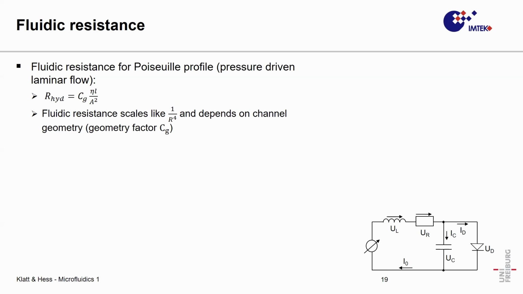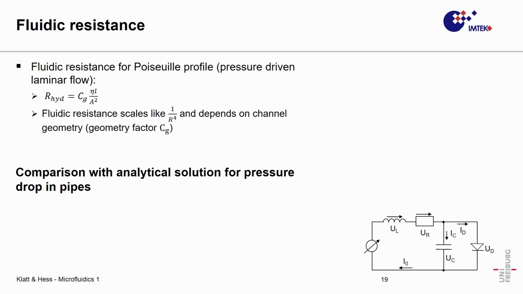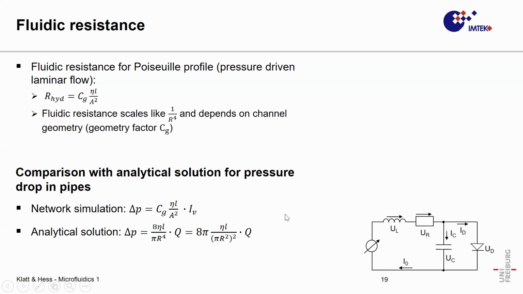And to evaluate the value of this geometry factor, at least for circular channels, we can have a comparison between the analytical solution for pressure drop in pipes and the network simulation. And in the network simulation, the pressure drop inside a pipe would be this expression. And we know already the analytical solution from the previous lecture, and the analytical solution looks like this.